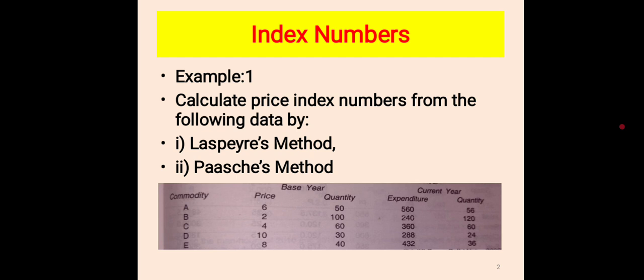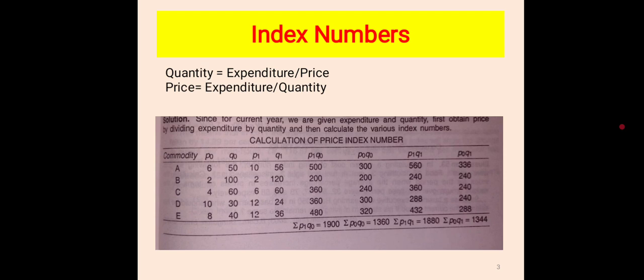But under the Laspeyres, Paasche and Fisher's ideal index numbers we have taken that. The base year is 0, so price means P0 and quantity means Q0, and the current year price is P1 and quantity is Q1, but in the current year the expenditure is given. So we have calculated the price. How to calculate price?